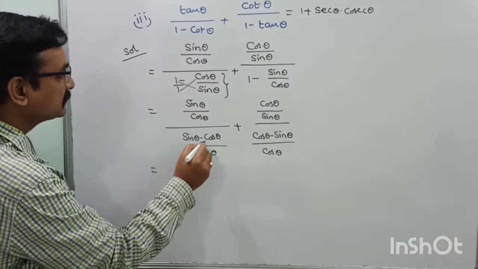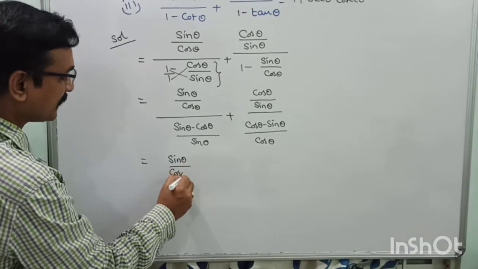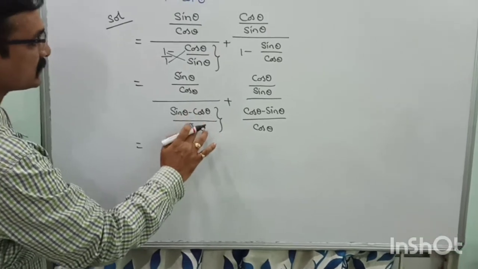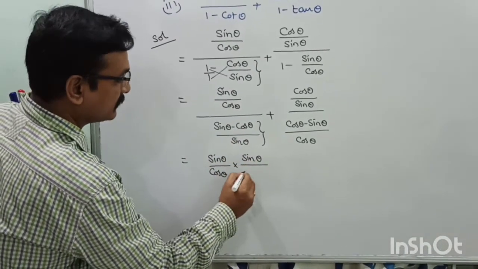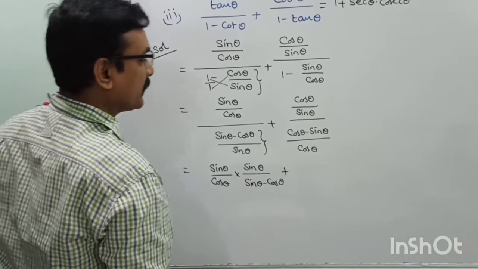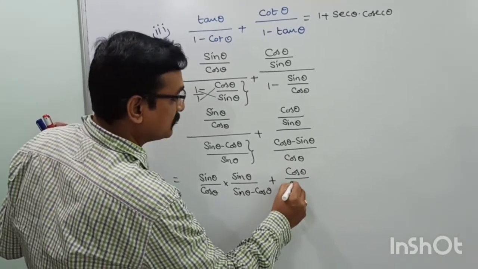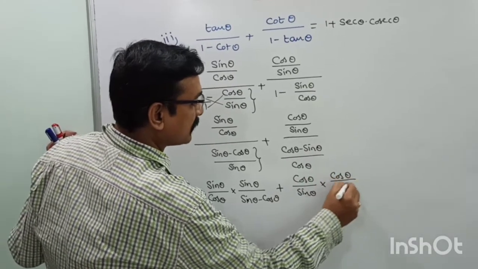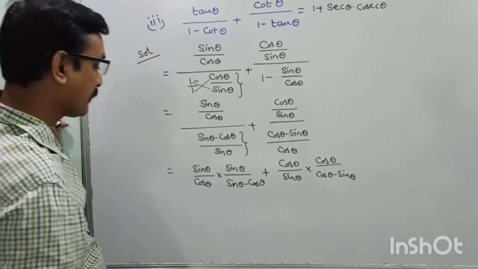Now here sine theta by cos theta into reciprocal of sine theta minus cos theta by sine theta is sine theta by sine theta minus cos theta, plus cos theta by sine theta into reciprocal of this one, cos theta by cos theta minus sine theta.